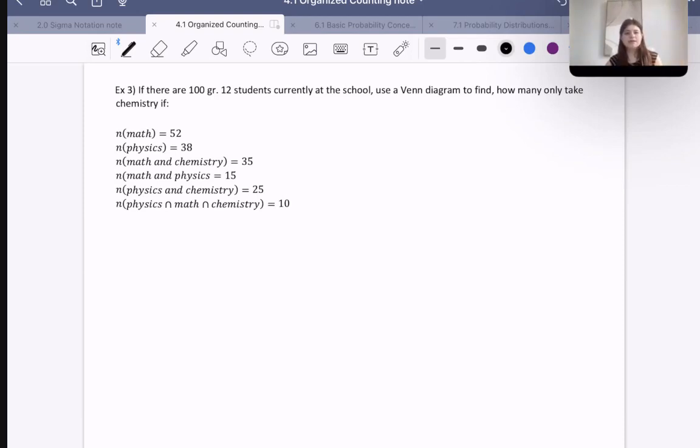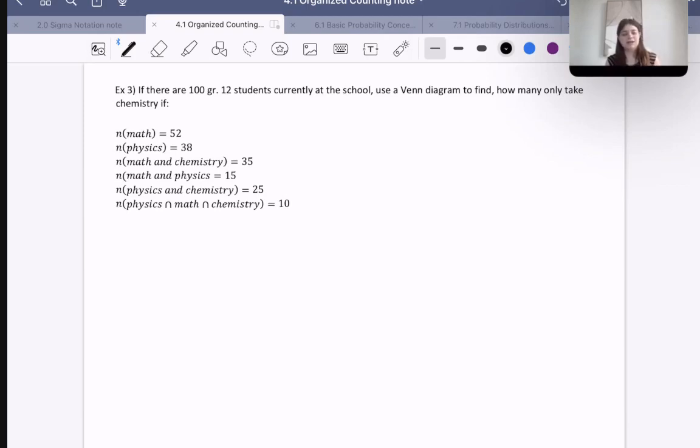The other assumption that we're making is that every student at this school, all 100 of these students, and actually I'm going to add that to the question because I think that's a key point to keep in mind, is that all students must take at least one of these subjects, that there is no student out of these 100 students who doesn't take any subject, because if we don't make that assumption, then this is an impossible question to answer.